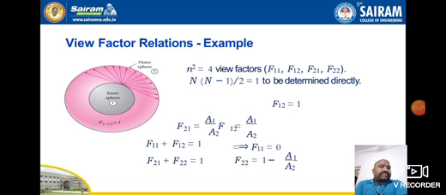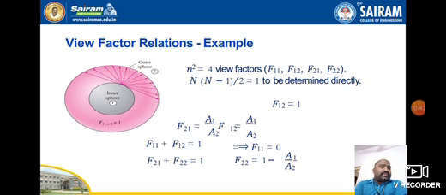In this case f2 to 1 is equal to A1 by A2 into f1 to 2, and f1 to 2 is equal to A1 by A2. And for the view factors, f1 1 plus f1 2 is equal to 1.